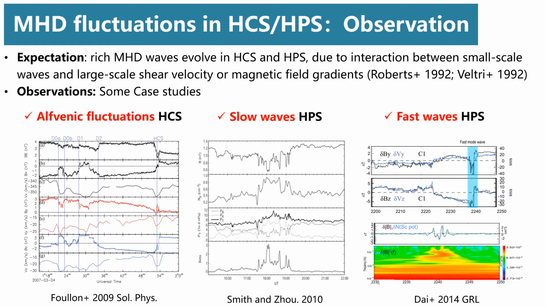Fu observed many Alfvénic fluctuations around the HCS through a comparative study of multiple satellites. Smith and Zhou first reported the existence of slow waves in the HPS observed by the Ulysses spacecraft. In addition, Dai further presented the fast waves during the crossing of a HCS.